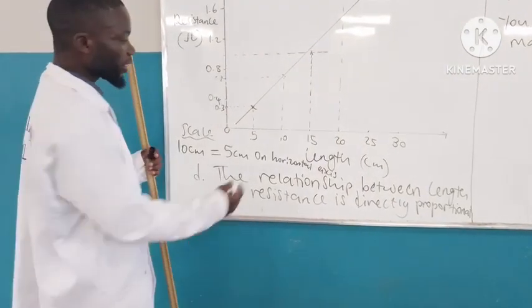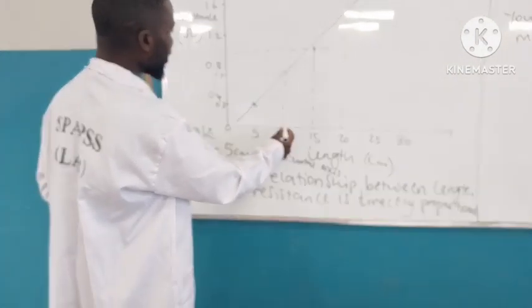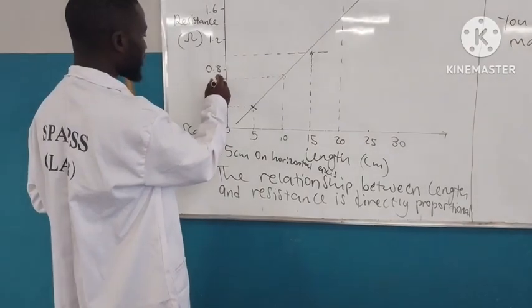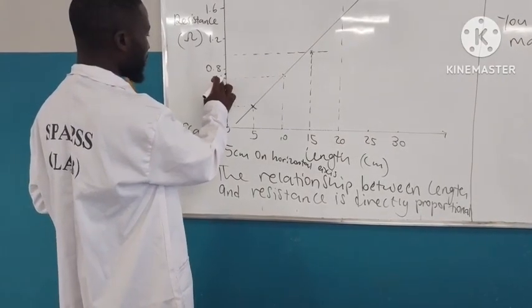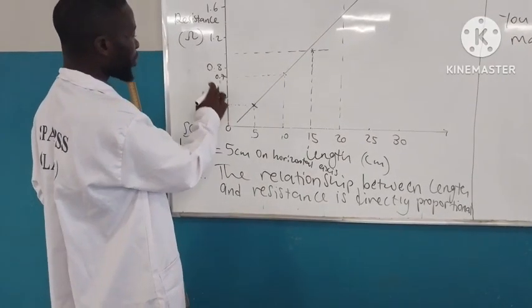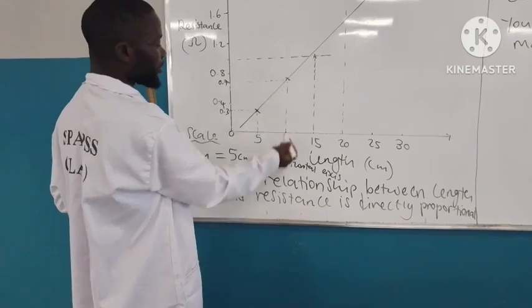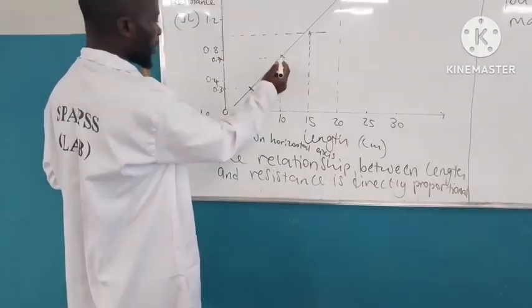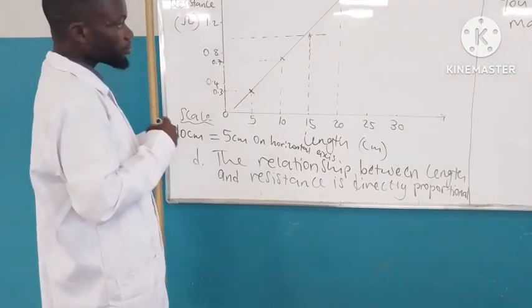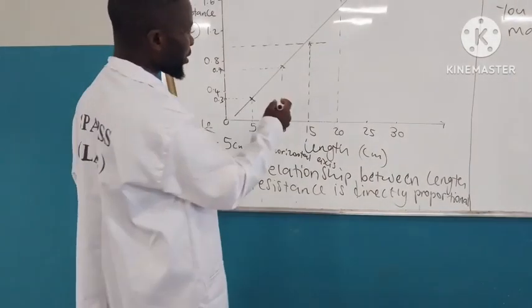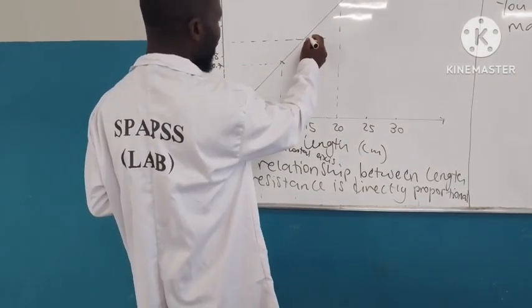And when the length was 10, resistance was 0.7. 0.7 is here, between 0.4 and 0.8. So this star means when the length was 10, resistance was 0.7.